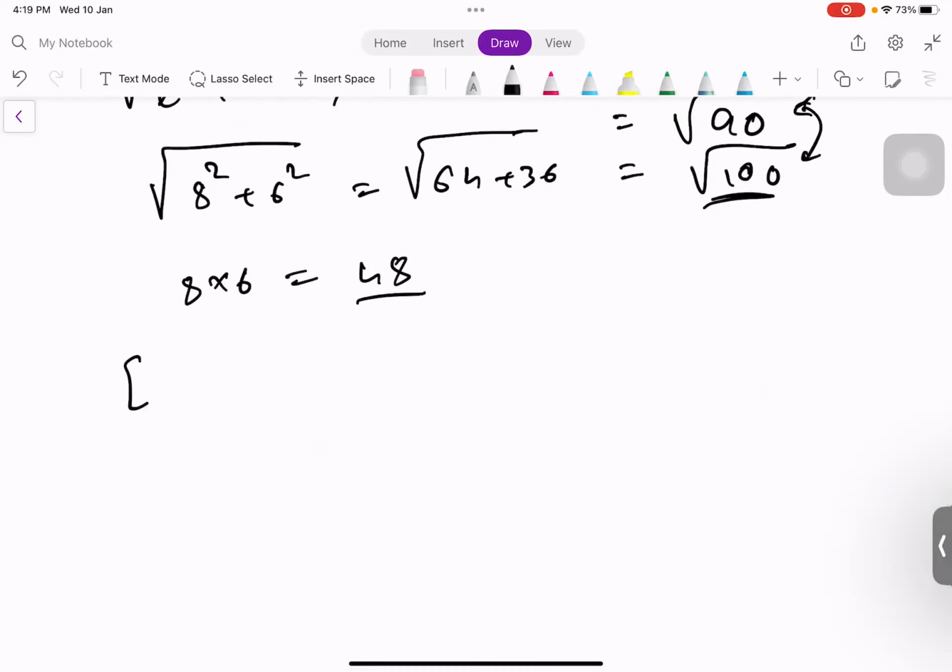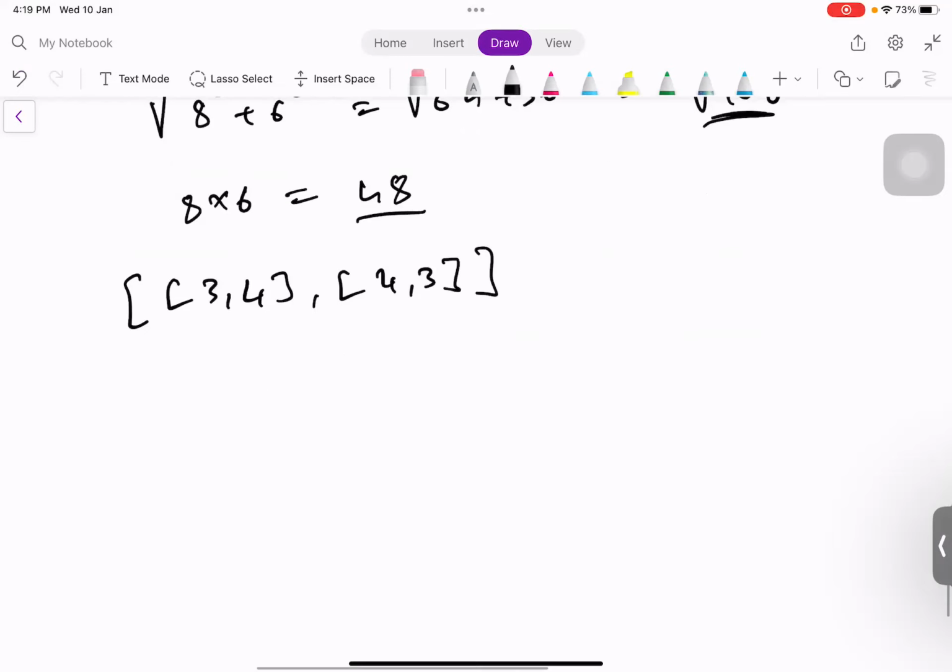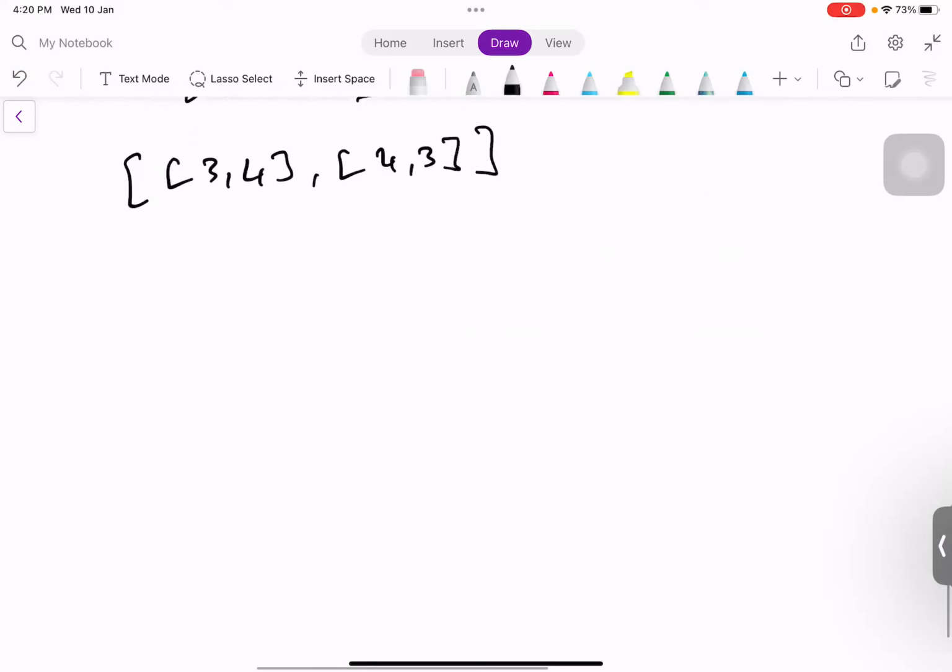Let's take another test case into consideration. The next test case is 3, 4 and 4, 3. In this test case, both the dimensions are just reversed: length is width and width is length.